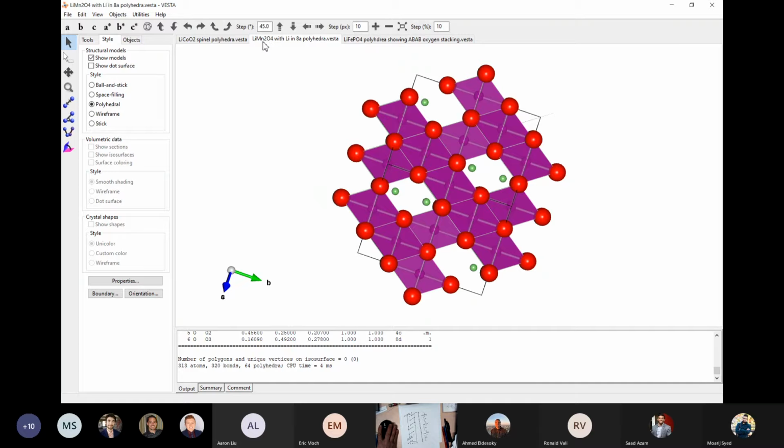But when you try to cycle over that full range, structural degradation occurs in these materials. They cycle pretty reversibly between 0 lithium and 1 lithium. So the structure shown here has the lithiums in the tetrahedral sites. It turns out that when you put 2 lithiums into this structure, and put the lithium in the octahedral sites, all the manganese becomes 3+, and that causes a Jahn-Teller distortion in the material.